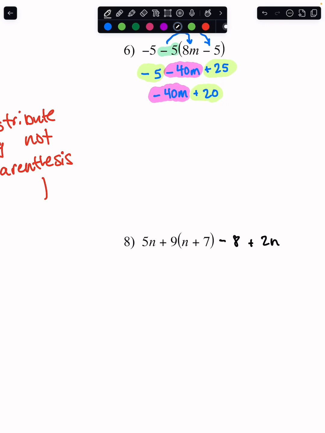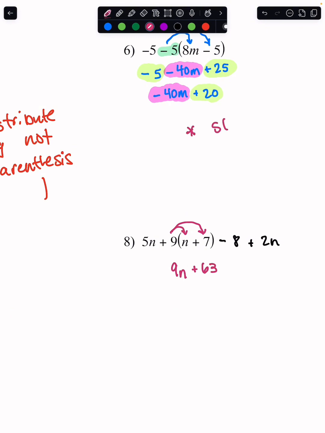All right, so anytime you see parentheses, go ahead and distribute and get that out of the way. So this 9n, so 9 times n, remember that n has a 1. That's 9n. And then this 9 times 7 is 63.